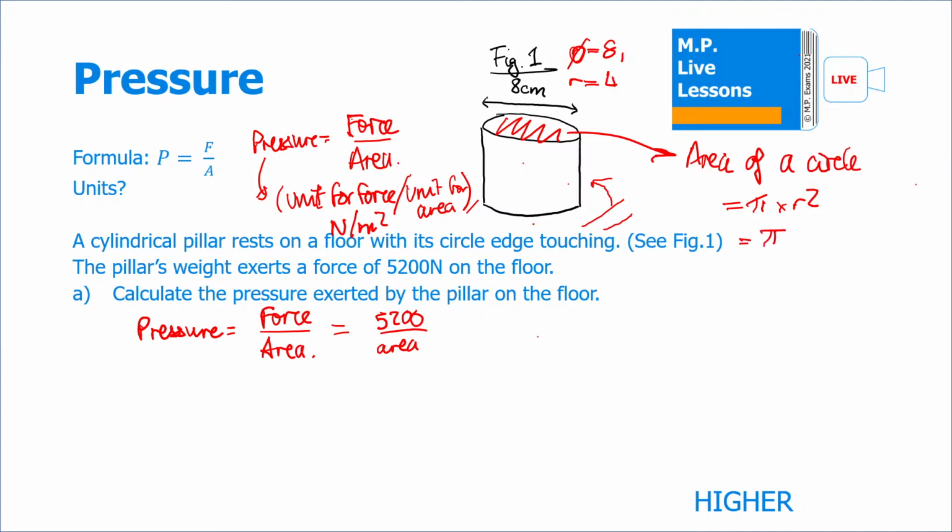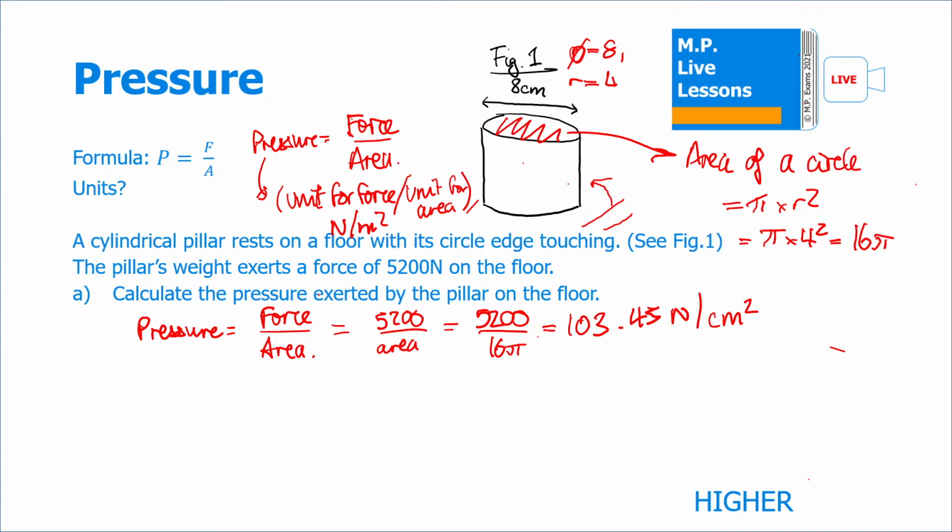So that would be pi times 4 squared. So we get our area, and then if we put this into our calculator, we get 103.45 newtons per, since this is in centimeters, centimeters squared.